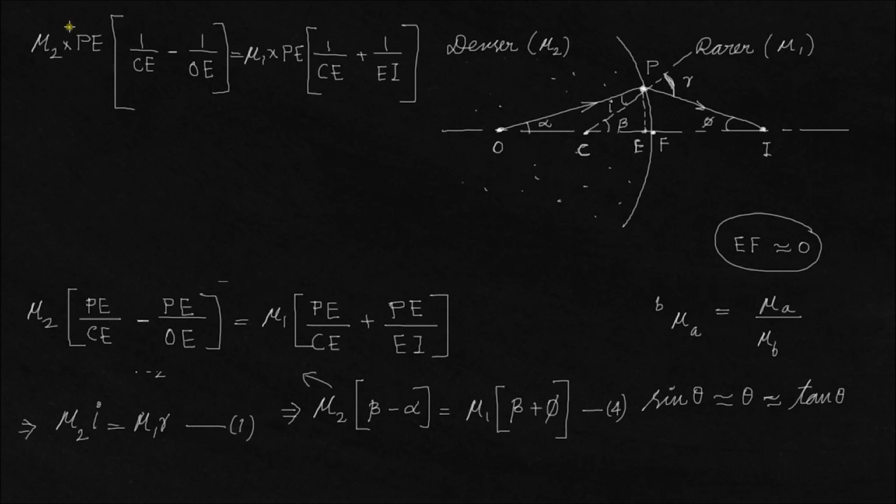Now cancel this PE. So the final expression will be mu2 into 1 by CE minus 1 by OE is equal to mu1 into 1 by CE plus 1 by EI. Let me call this equation number 5.